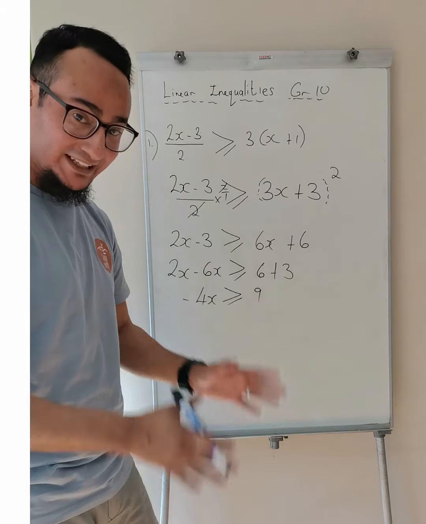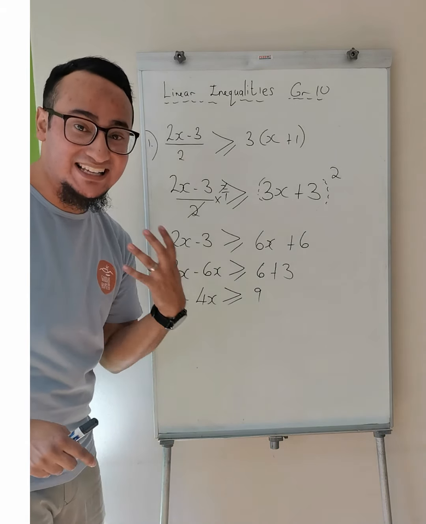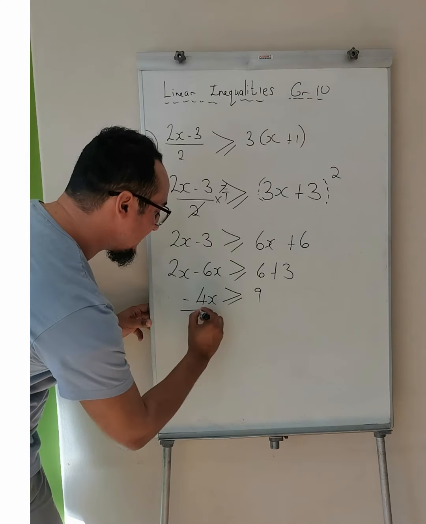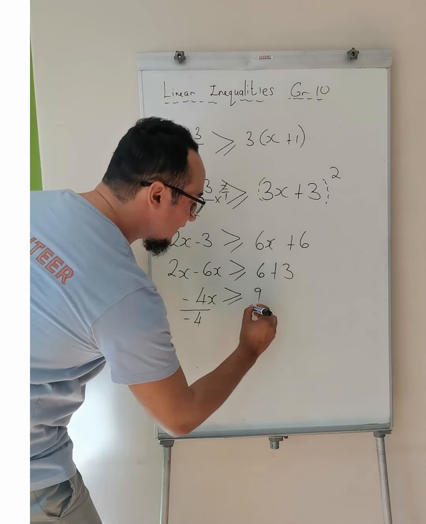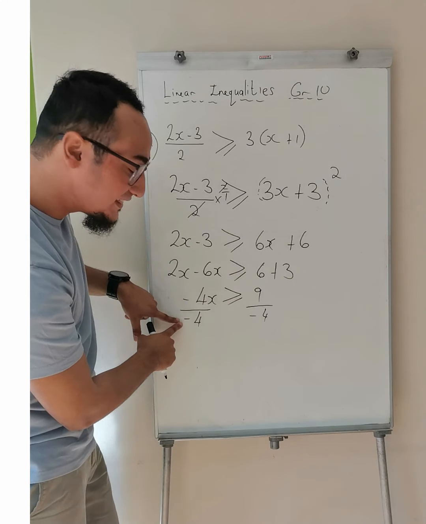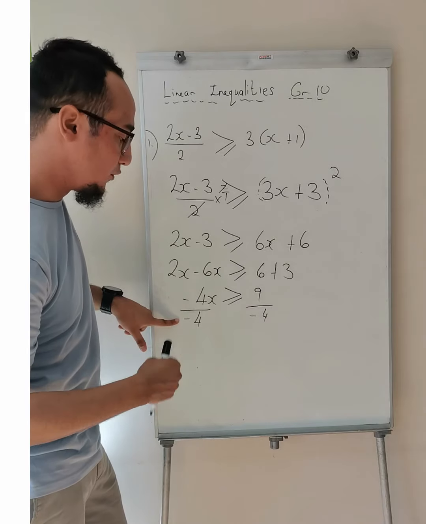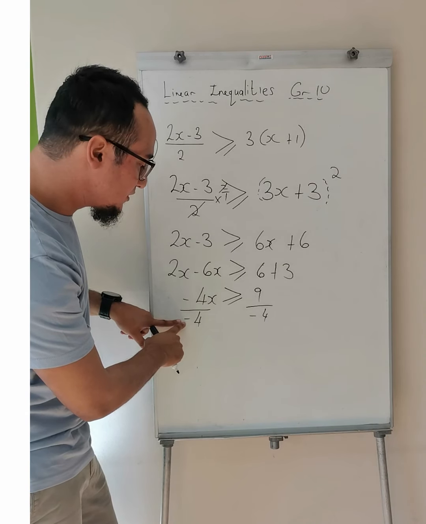Now very importantly, I'm going to get rid of that negative 4 because I want to isolate x. I want x alone. So I divide it by negative 4. What I do on my left, I need to do on my right. Now very importantly, what did I say? When I'm at the end of my sum and I'm dividing or multiplying by a negative number, what happens to the sign?